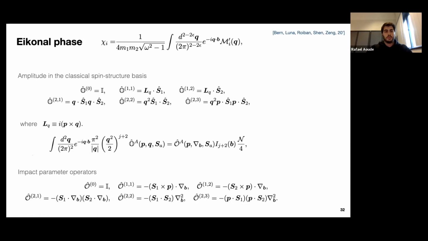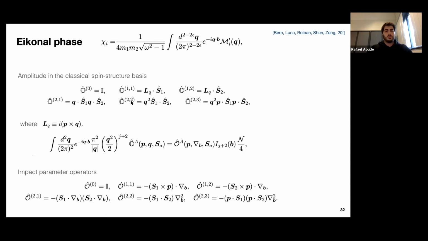Okay, and you can write this amplitude in a basis of classical spin structures. So this is the monopole operator. You have some term that has a dependence on Q and S, and then 2 Qs and 2 S terms, which are the spin-spin terms.